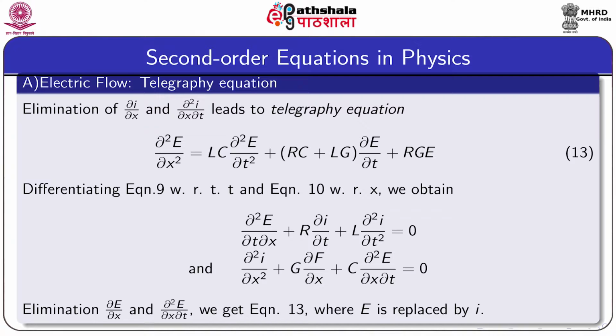From these equations, if we eliminate the variable E, one can obtain an equation in variable I similar to equation 13, only E is replaced by the variable I. That means equation 13 is satisfied by the current I. Therefore, E and I both satisfy equation 13, which is known as the telegraphy equation.